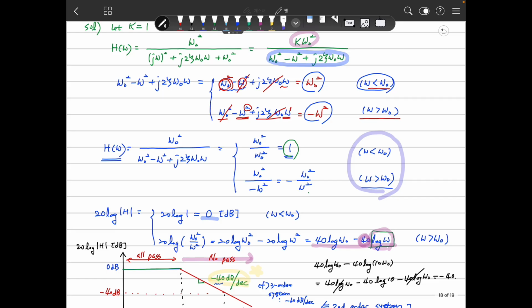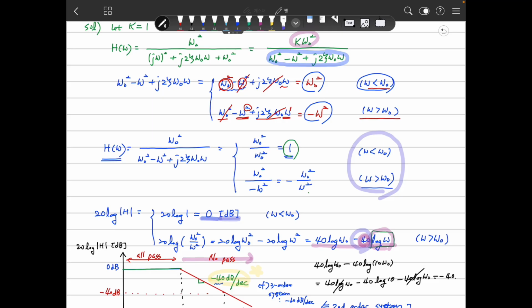Because at the frequency, it changes. Before the corner frequency, and after the corner frequency, we have a minus 40 dB per decade. This is interesting, because this is a secondary system.